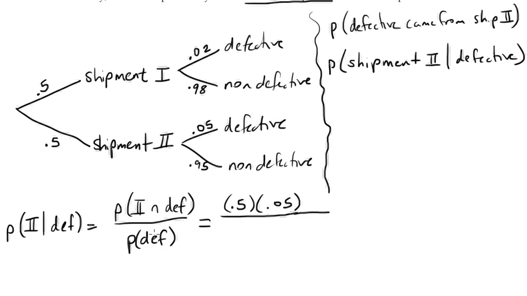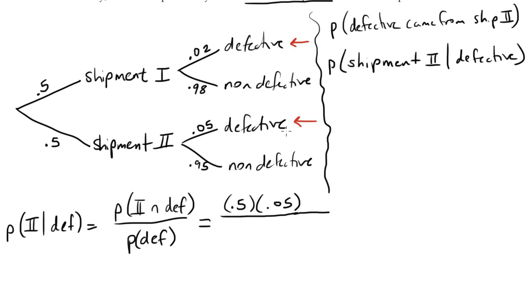Now, the probability that a product is defective, here's where this tree diagram is nice. There's two ways that a product can be defective. It can be defective here from shipment 2, or it can be defective here from shipment 1. And each of those is represented by its own path with its own probability.